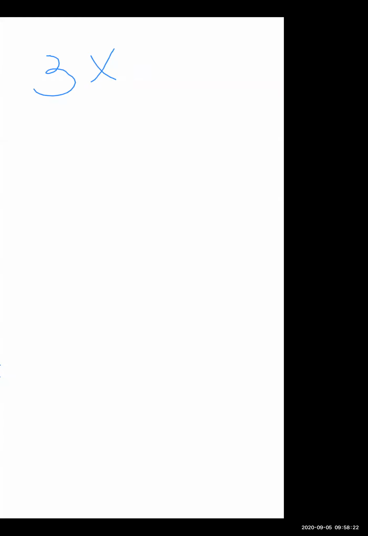Don't add 3 any time. If we don't add at all, what will be left there? Exactly, it will be 0. So 3 multiplied by 0 is equal to 0.